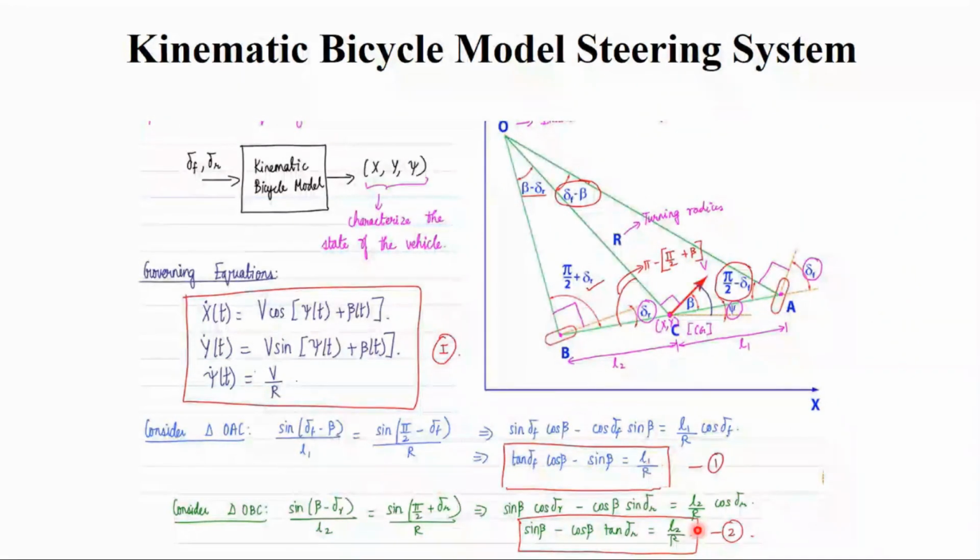So again, we are going to have two governing equations, which relate L1 and L2 to the turning radius R, and then beta and also del R. All these are the things which we need to consider when we are going for a design.